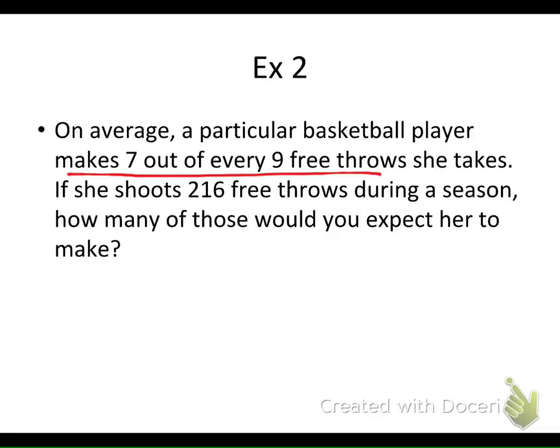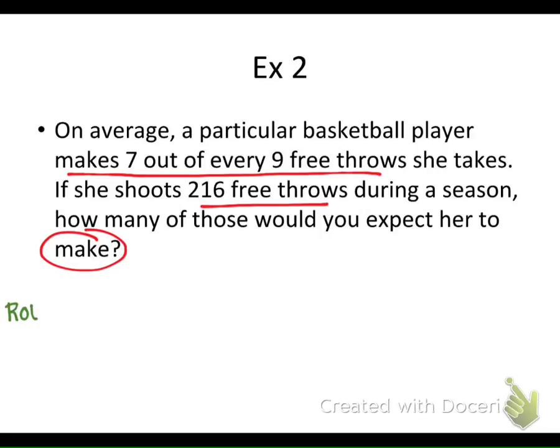If she shoots 216 free throws during a season, how many of those would you expect her to make? So we're trying to figure out how many free throws she would make. So the first thing that you're going to write on your paper is ROU.